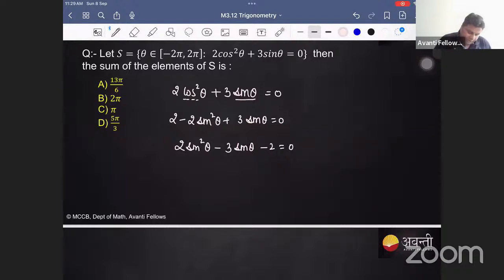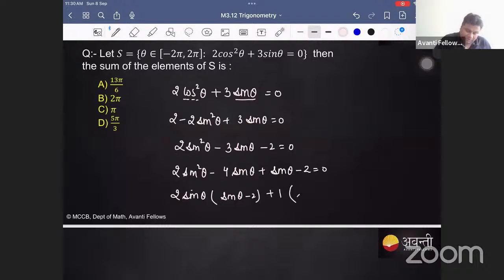So it will be 2 sin square theta minus 4 sin theta plus sin theta minus 2 equals to 0. Take 2 sin theta common, it comes sin theta minus 2. Then you take plus 1 common, you get sin theta minus 2 equals to 0.